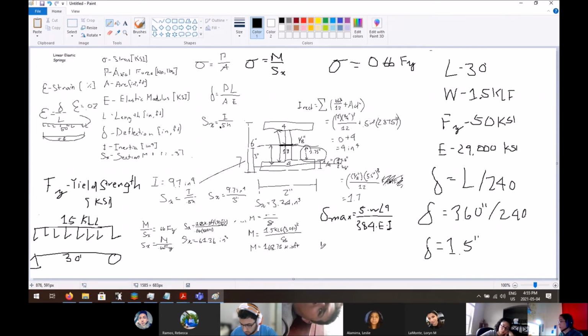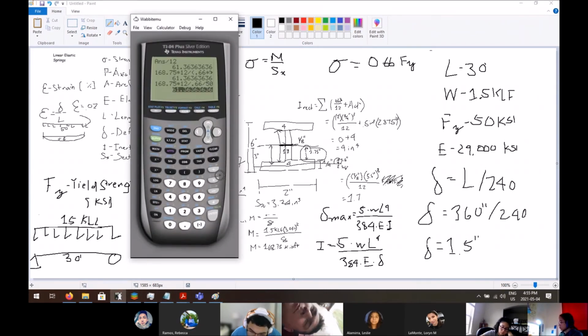We're trying to find inertia, so inertia would equal 5 times W, which is 1.5 kLF, times L, which is 30 feet to the 4th. Remember to multiply it out to inches, over 384 times E, 29,000 KSI, times the deflection, because this is in the numerator position and this is in the denominator position, we can just swap them out.